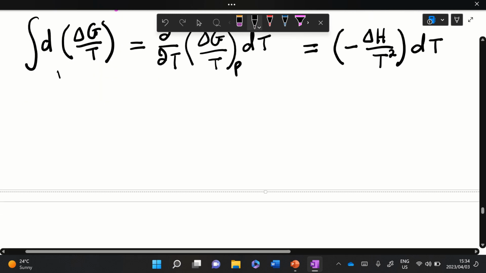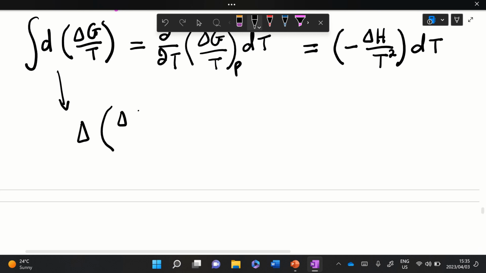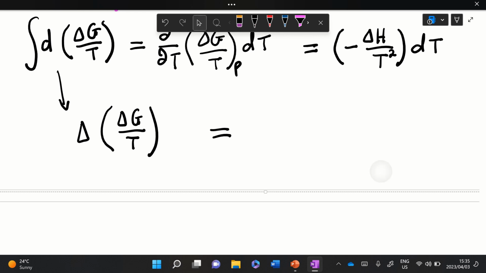Well, that becomes delta G over T. In other words, it's the change in G over T, and that is equal to the integral. I just need to keep my bearings.